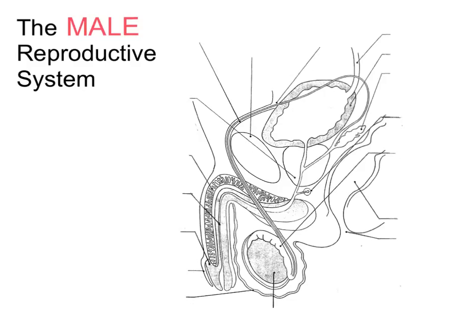So let's start at the bottom. I'm going to work my way around this clockwise. So we're going to start over here with the foreskin. Now the foreskin is a sort of protective covering, if you like, of ultimately the glans penis.